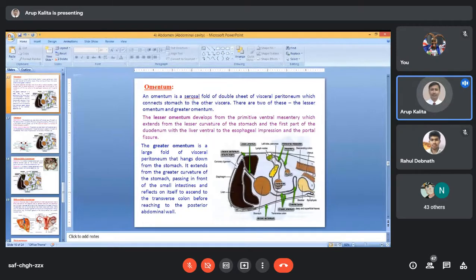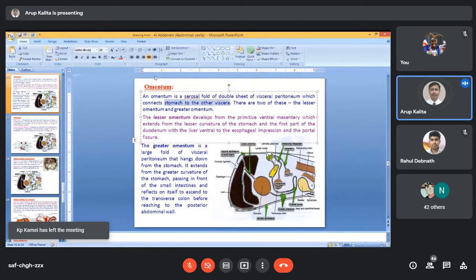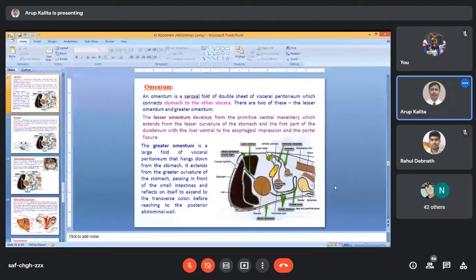An omentum is a serous fold of double sheet of visceral peritoneum which connects the stomach to the other viscera. So the omentum connects the stomach to the other viscera. Okay?